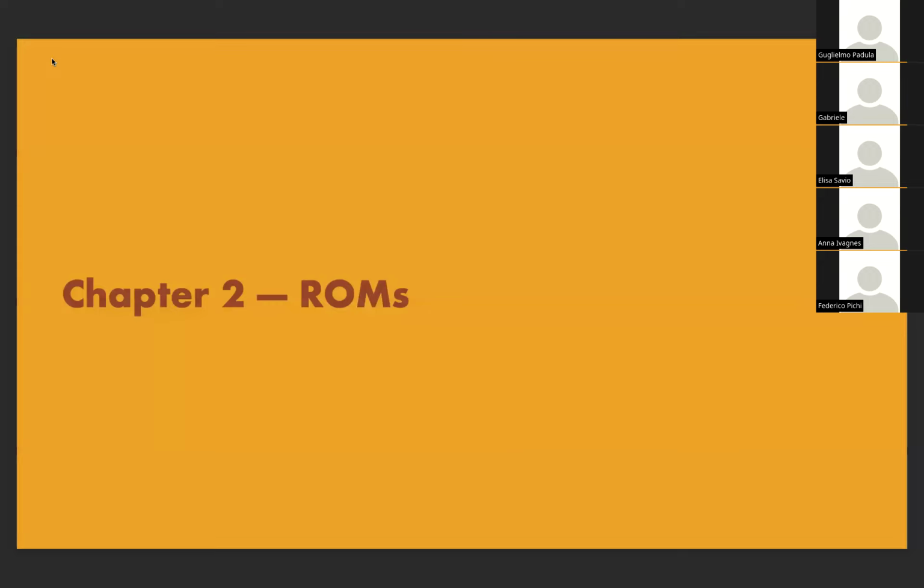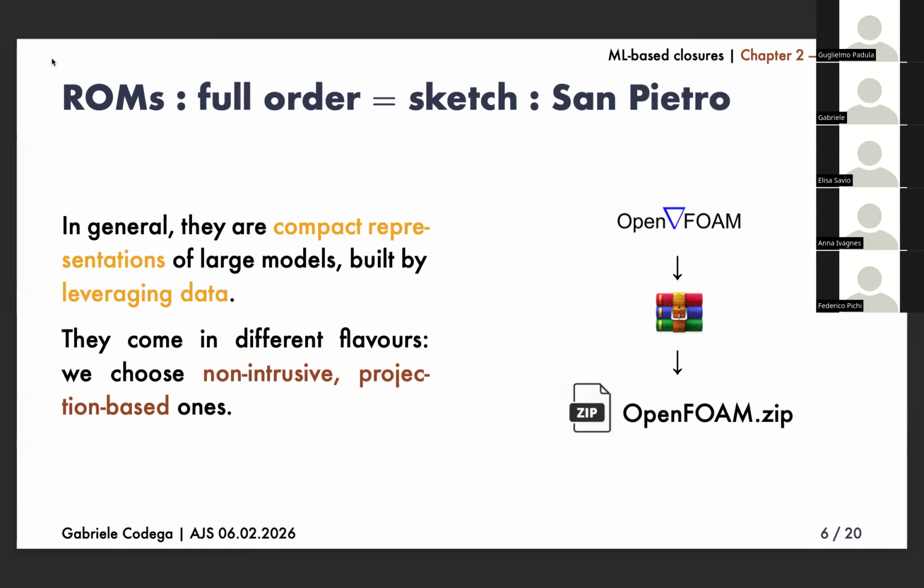I think most of you are already familiar with reduced order models, but just for the sake of completeness and clarity, let me spend a few words on ROMs. First of all, ROM is an acronym, stands for reduced order model. And reduced order models are to full order models as the sketch you're just seeing is to the real cathedral, right?